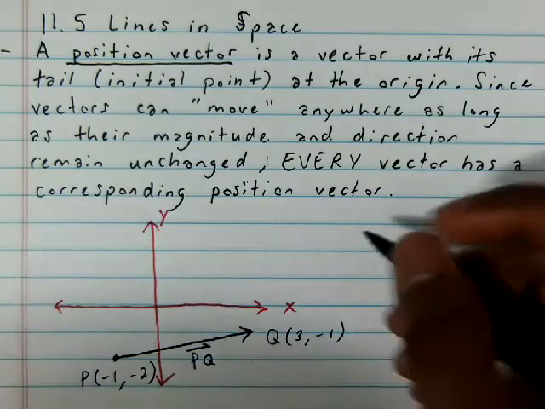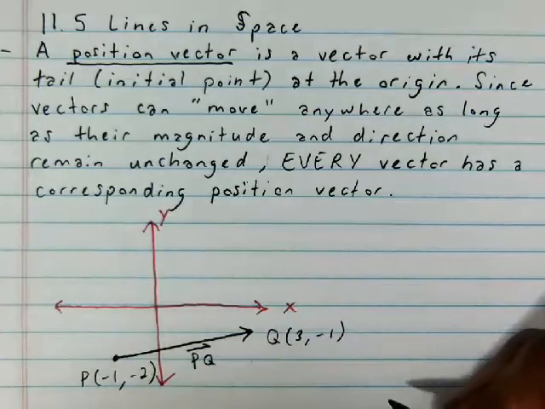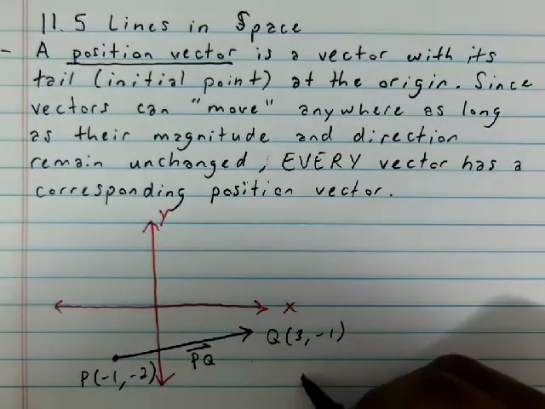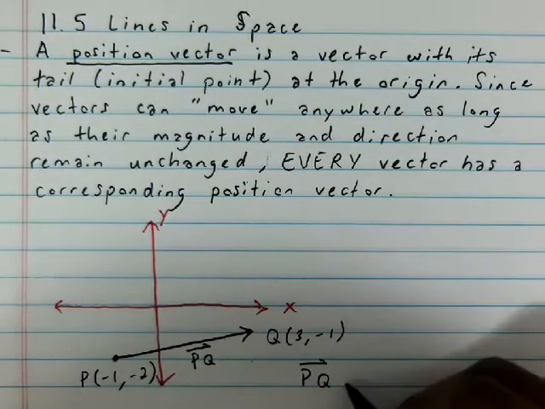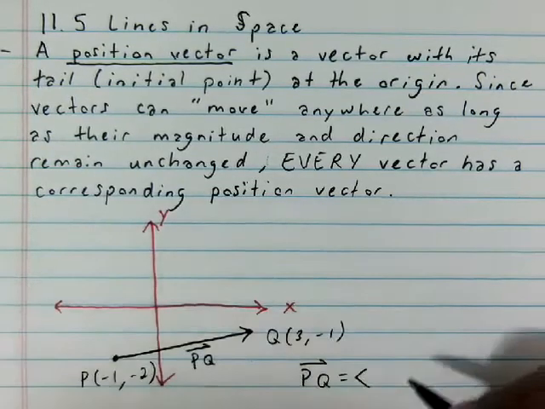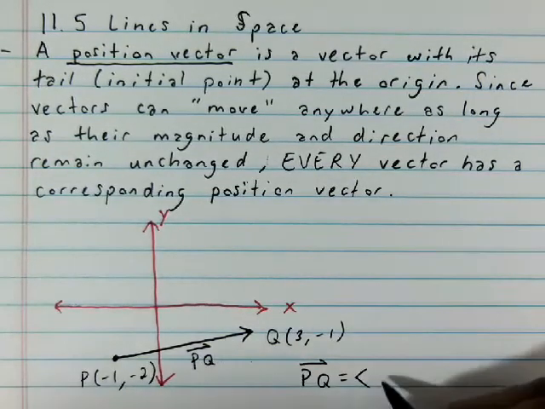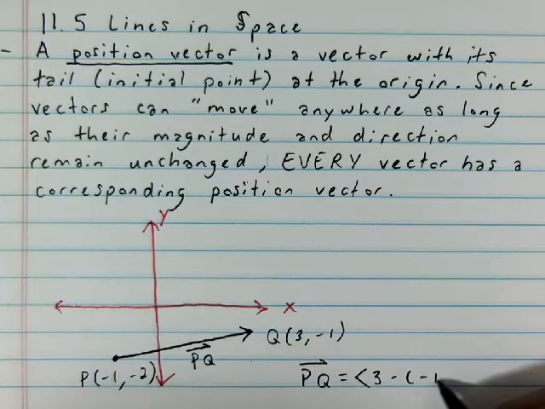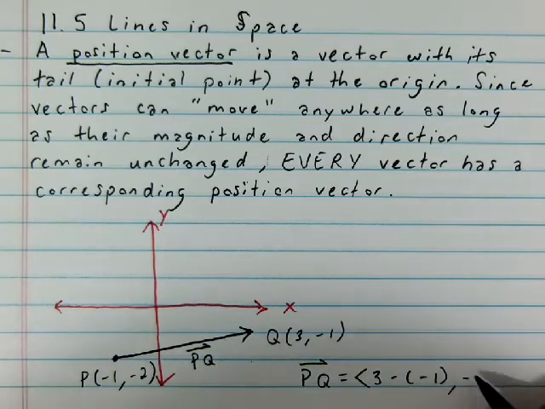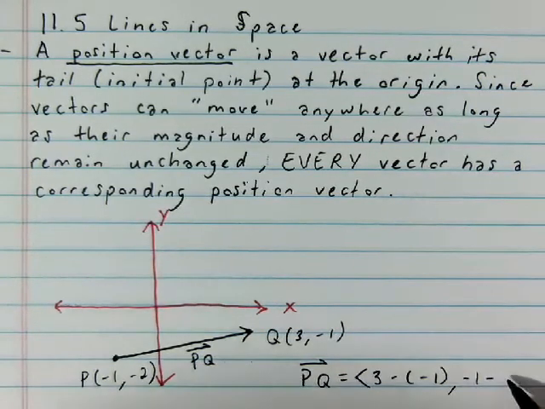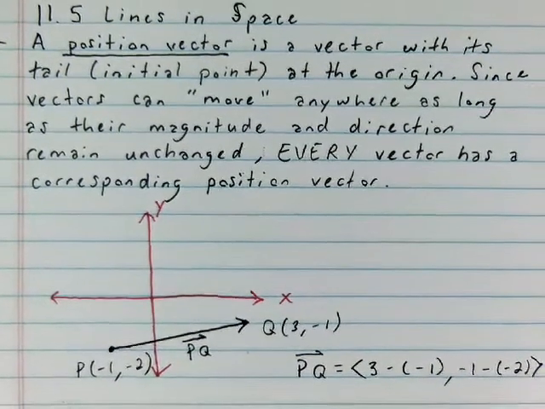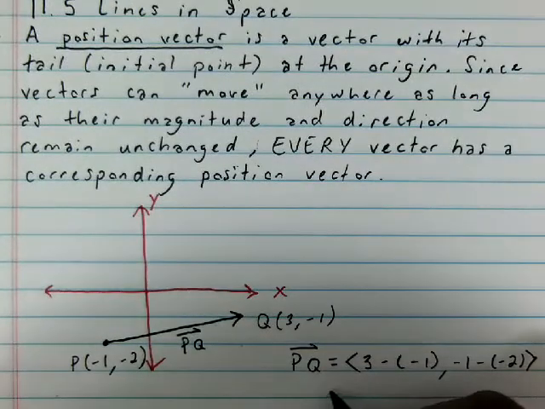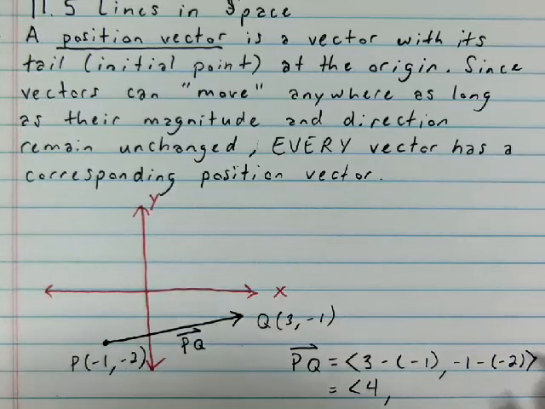But if I actually wanted to write out the components of this vector, we would do that the usual way. PQ: 3 minus the -1, and then -1 minus the -2. Simplifying this, we get 4, and then the -1 plus the 2 gives us 1.